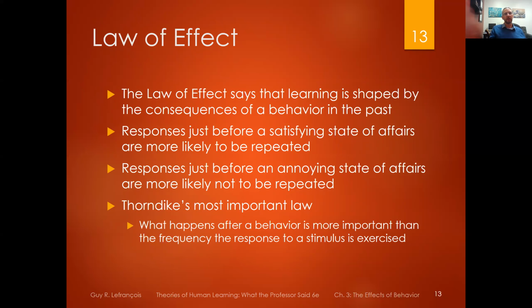Here again, we're calling these responses, but when we say responses, we just mean behavior, anything that you can do, from smiling to studying to eating, whatever it is. So if the behavior leads to a satisfying state of affairs, you're more likely to do that behavior again. If the behavior leads to an annoying state of affairs, you're less likely to do it again. This ends up being Thorndike's most important law.